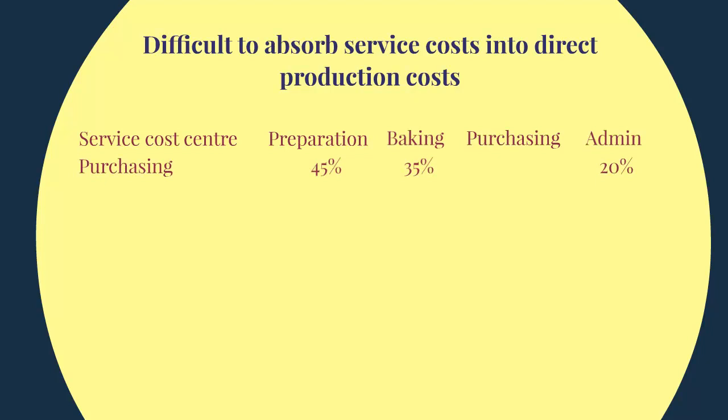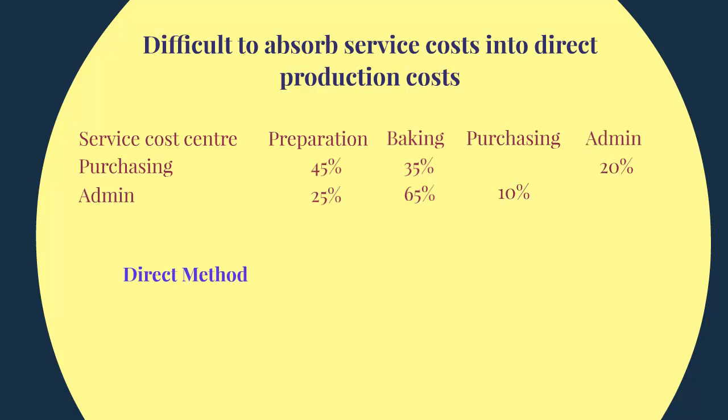Now, in this example, the purchasing department does 45% of its work for the preparation department, 35% of its work for the baking department, and 20% for the admin department. And then the admin department does 25% of its work for preparation, 65% for baking, and 10% for purchasing.